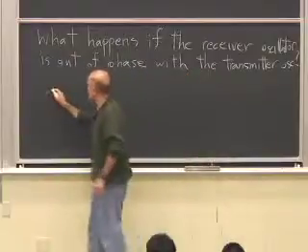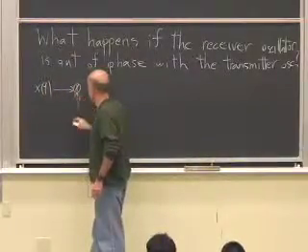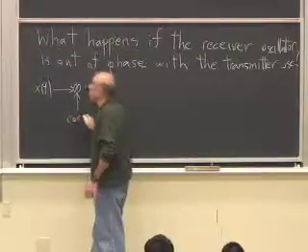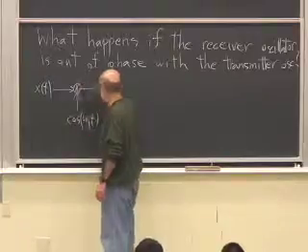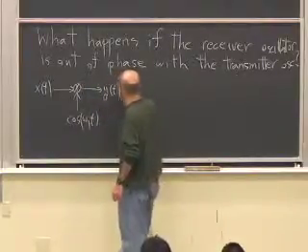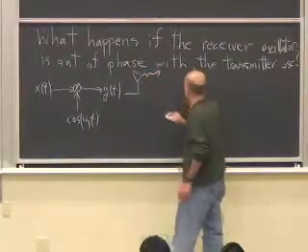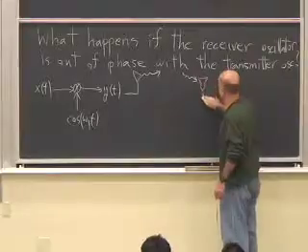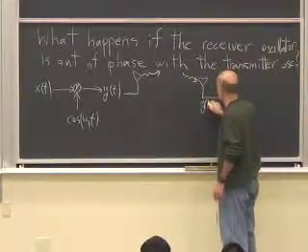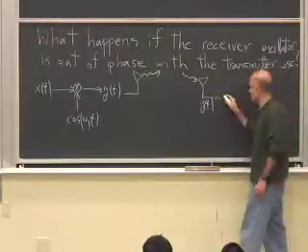In other words, I have a signal x of t. I multiplied it at the transmitter with a cosine omega 1t. Y of t I transmitted. At the receiver, I got y of t. We already talked about how that's a big assumption by itself. But let's assume that I have a lossless transmission medium.